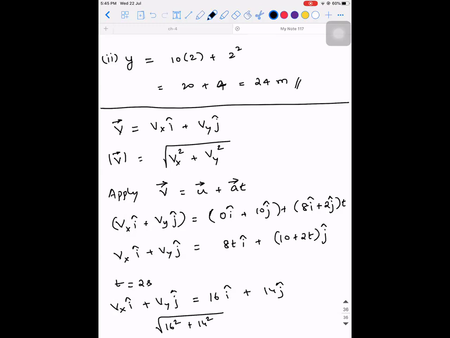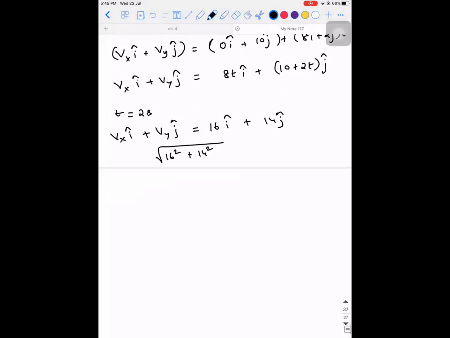Yes, sir. So root of 16 square plus 14 square. 16 square is 256, 14 square is 196. 452. So that's going to be the speed. Okay, we have to simplify and write it.